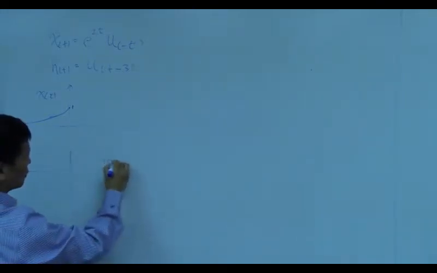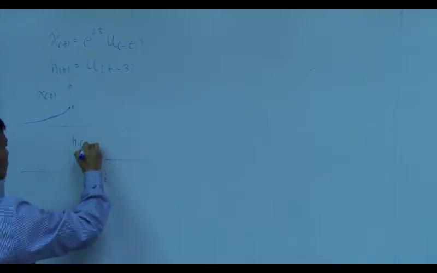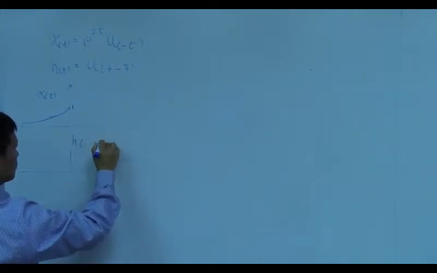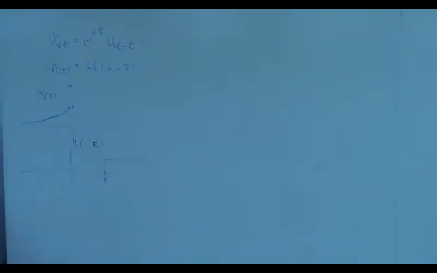This signal is x(tau). e to the 2t is supposed to be like this all the way to the right, but we only pick the left-hand side. Right? h(tau) is u(t) step, right-hand side, so this is 3, so that is h(tau). So you just draw like this, h(tau).